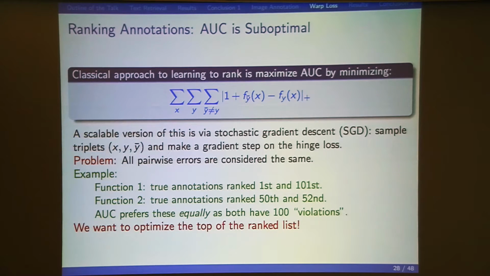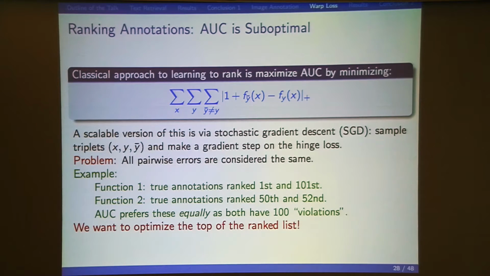So here's a reason why you wouldn't want to use this loss function. Suppose you had two functions you were choosing between, and there are just two training examples, really simple. With function 1, the true annotation is ranked first in one example, and in the other example, the true annotation is ranked 101st.